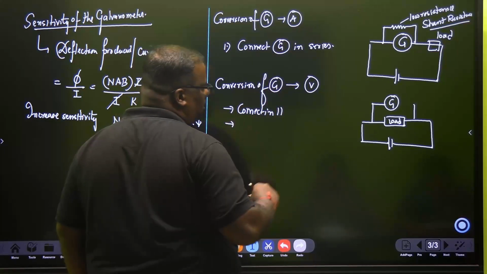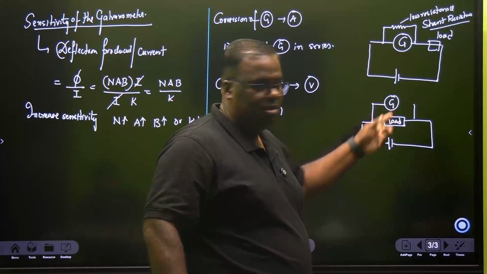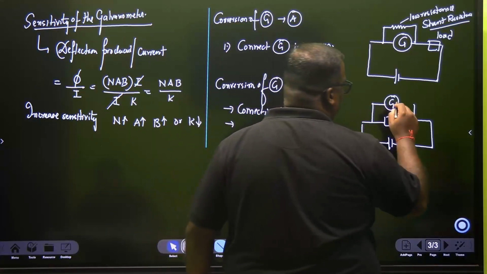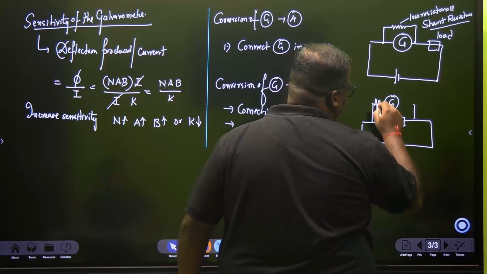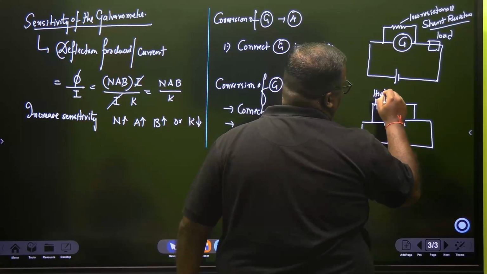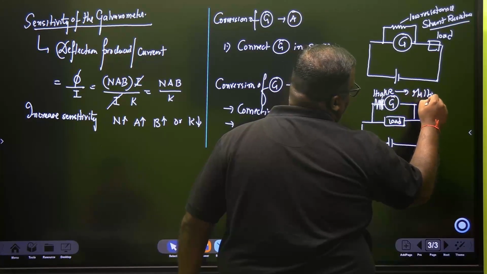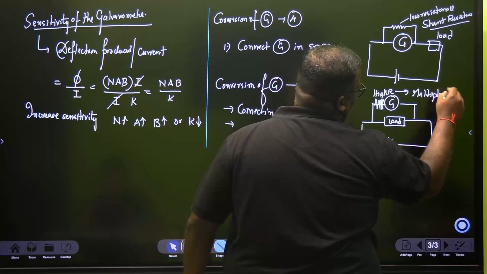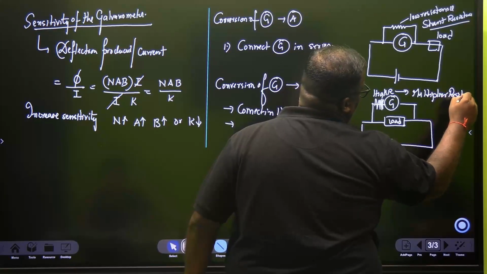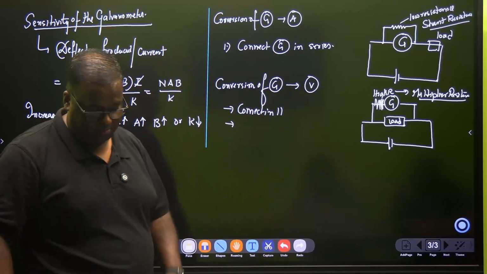And the next job says, look, no current should flow through the voltmeter. So what will I put here? I will put here a very high resistance in series, high R. And this resistance is called a multiplier resistance. You have put a barricade, and the barricade makes you understand that no current is flowing through the circuit.